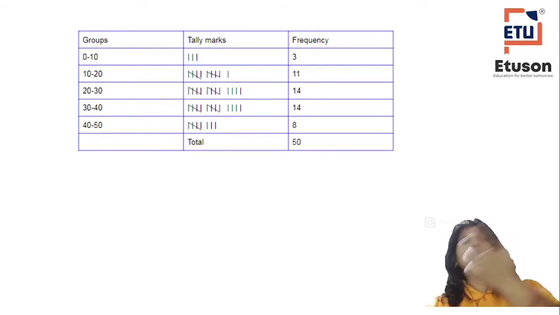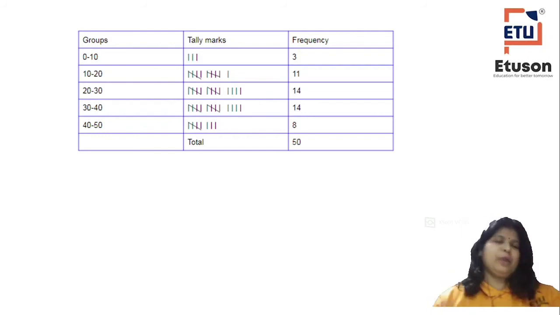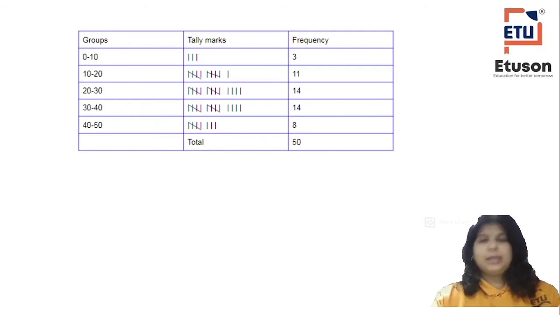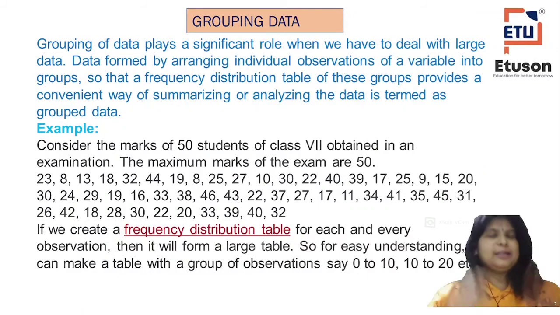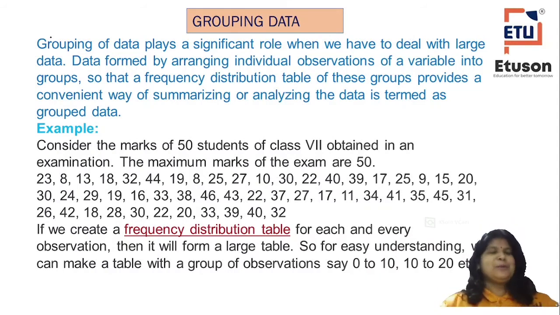Now let us understand why I have written 3 or why I have written 11. I'll show you how to find out the frequency. Let us understand why 0 to 10 it is 3. Let us go to the raw data. When I say raw data, it is in this form. When you are organizing it, it is in terms of a frequency distribution table.